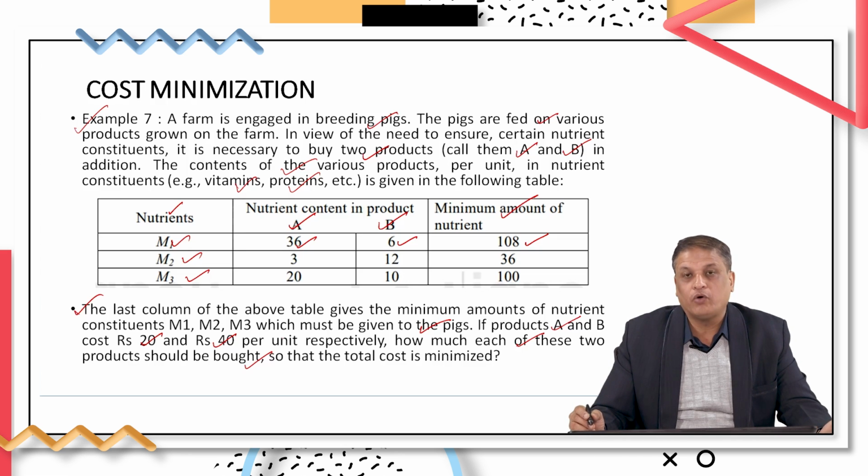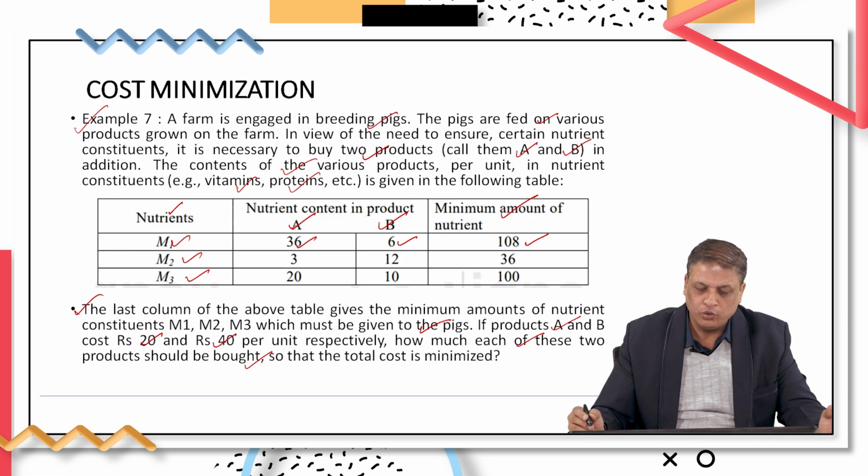So, again over here we need to minimize the expenditure, and it is given that the cost of product A is rupees 20 and the cost of product B is rupees 40. The nutrient content in product A for meal M1 is 36, and for meal M1 the product B carries 6 units of the nutrient.